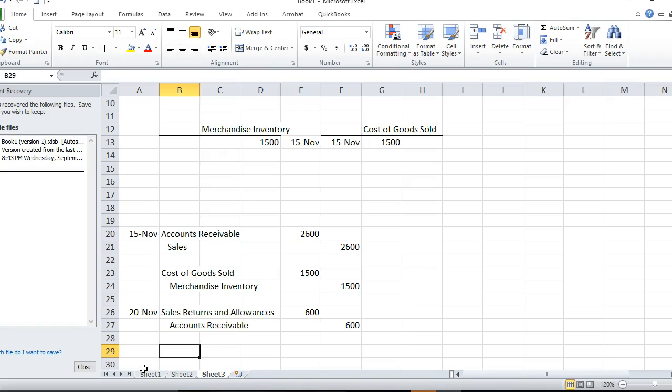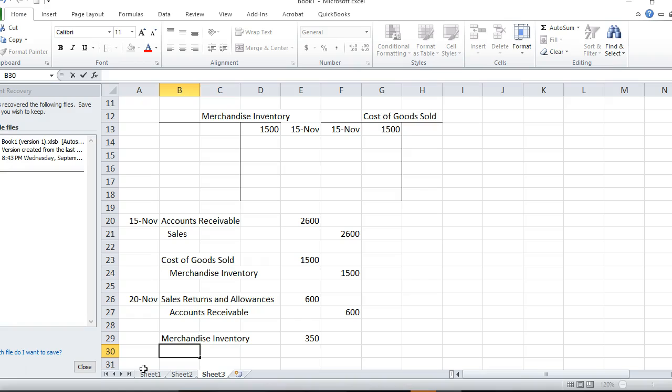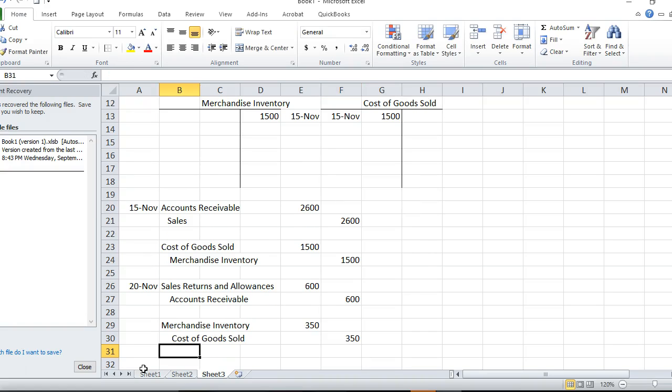And what we thought we sold, we didn't sell. So we will then debit our merchandise inventory of $350 and credit our cost of goods sold of $350. We didn't sell it anymore, did we, guys? Make sense?